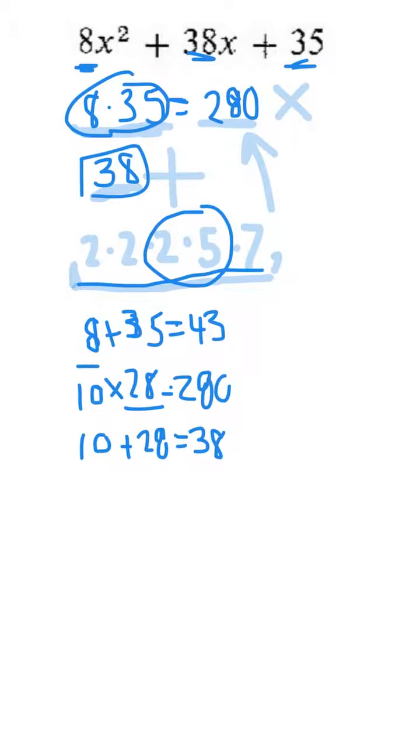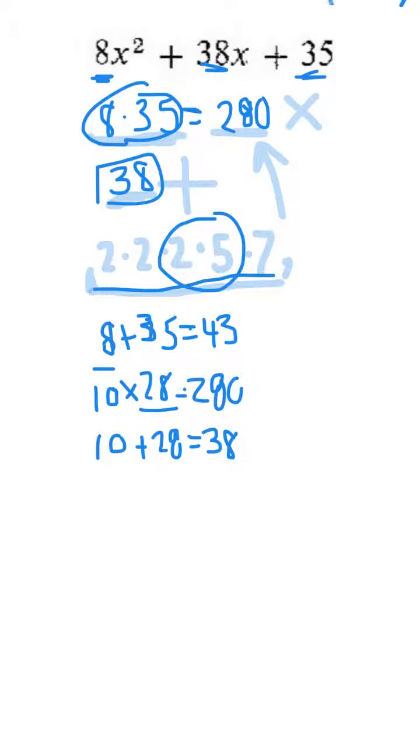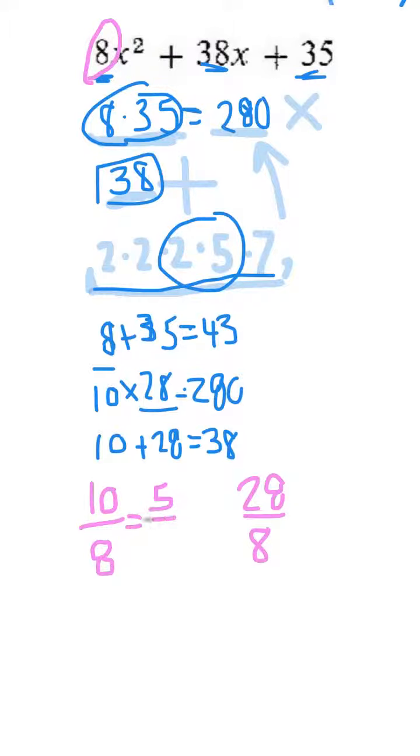And now let's write our fractions. Our leading coefficient, going back, is 8. So we'll write 10 over 8 and 28 over 8. Simplifying them both, we get 5 over 4, and 7 over 2.